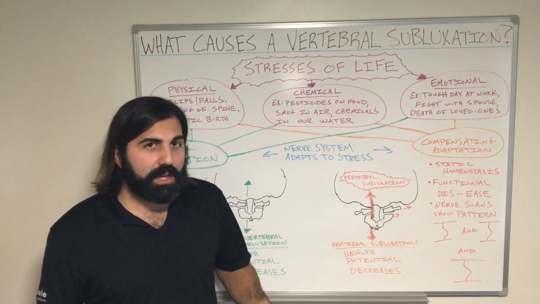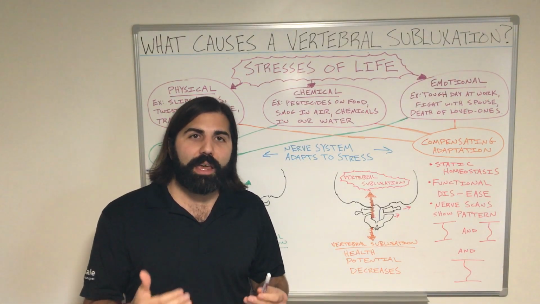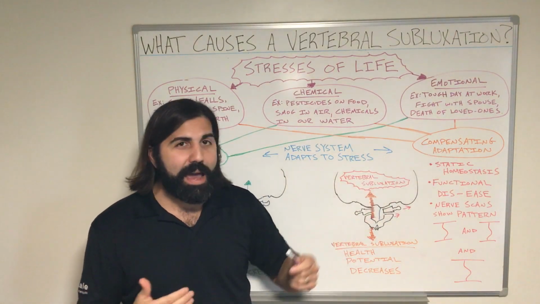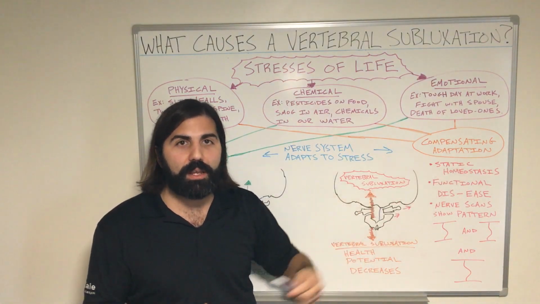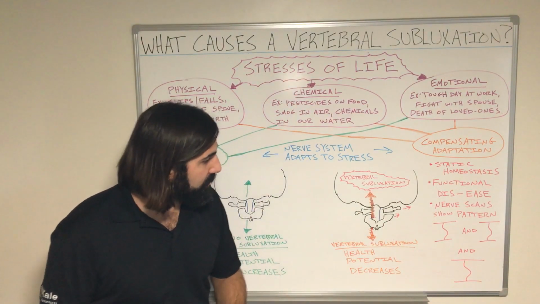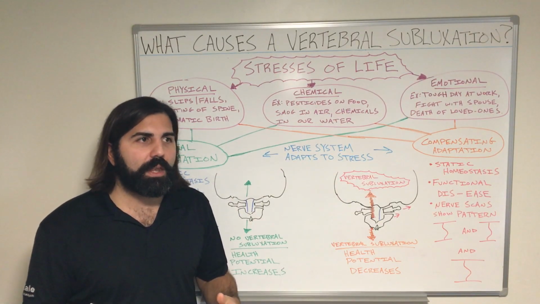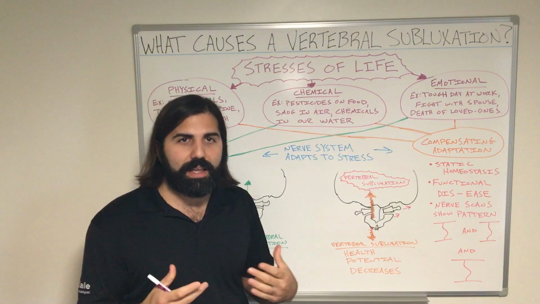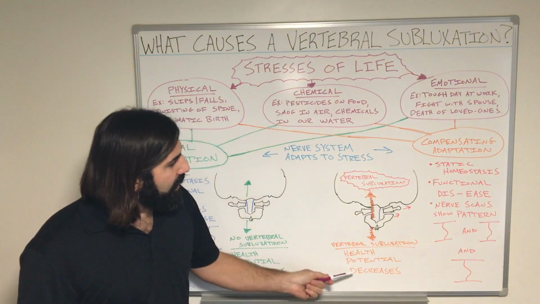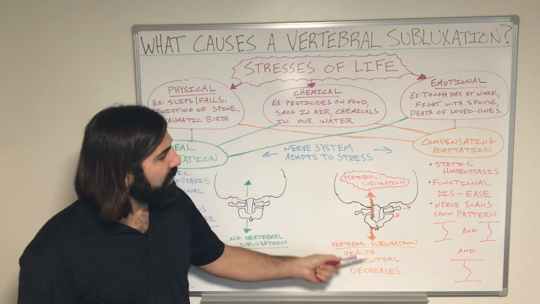A vertebral subluxation is a physical presentation of our body compensating to some type of stress. When our body finds itself in a state of subluxation, that means our health potential has decreased.